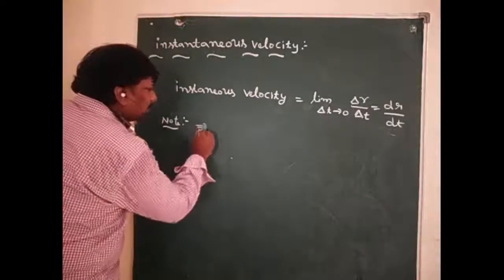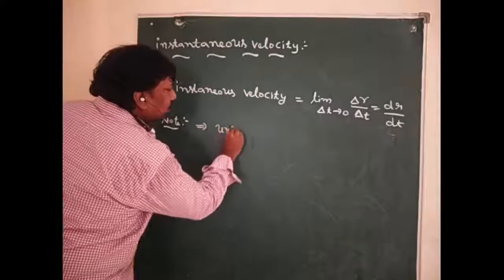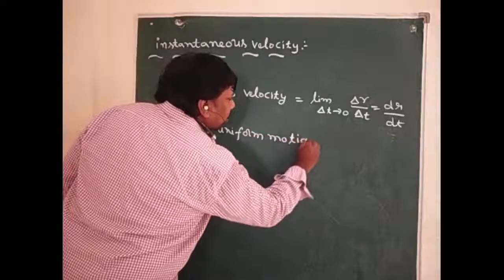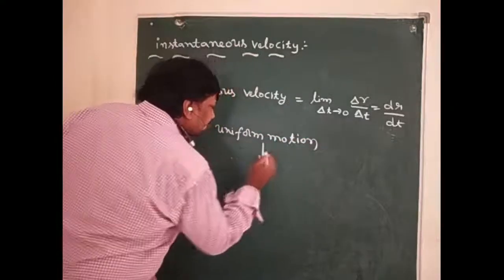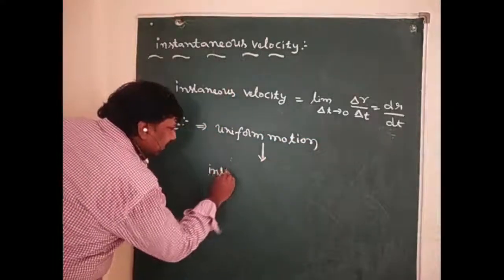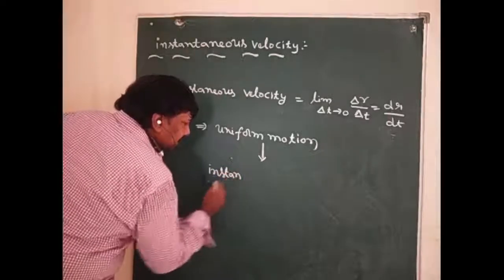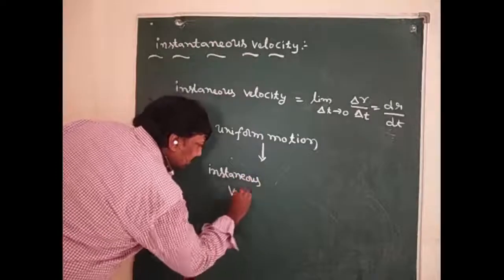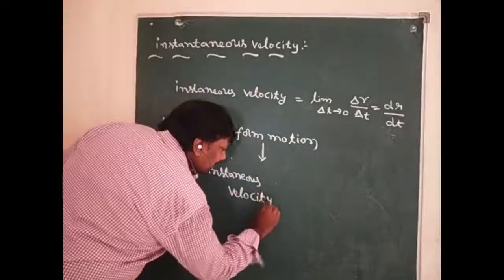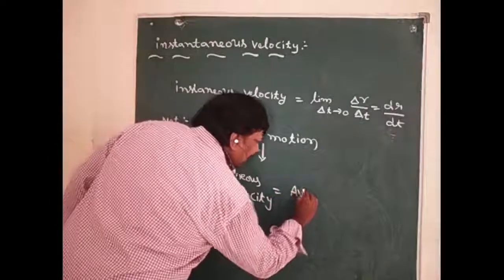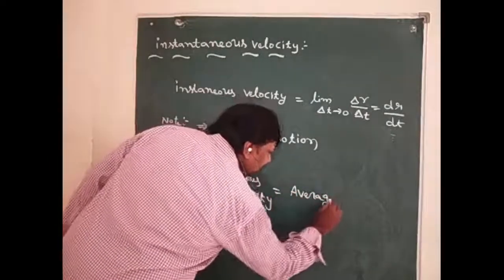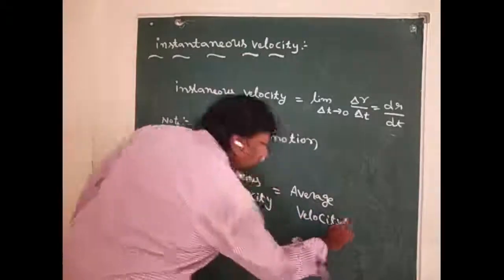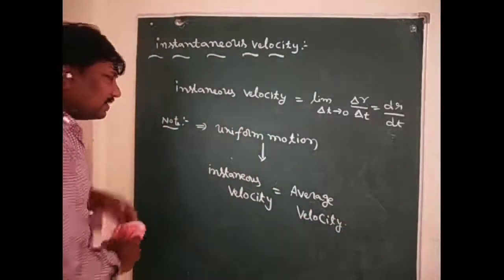So when a particle is moving in uniform motion, instantaneous velocity is equal to average velocity.